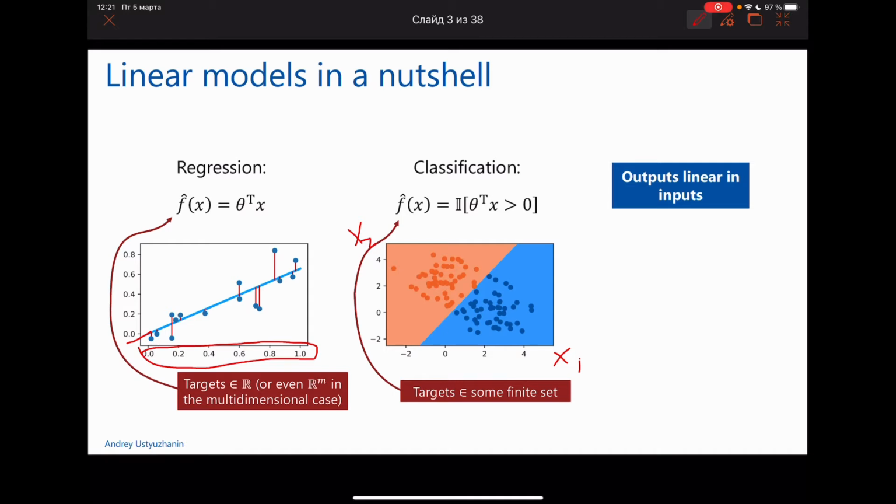And since we target building a linear model, we would have some kind of linear boundary that separates points of different colors. So a linear model is essentially the case when the output is a linear combination of the inputs.